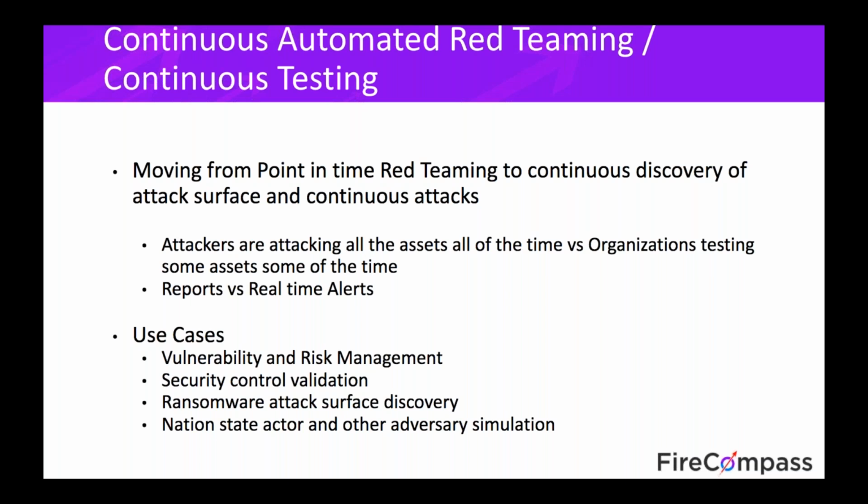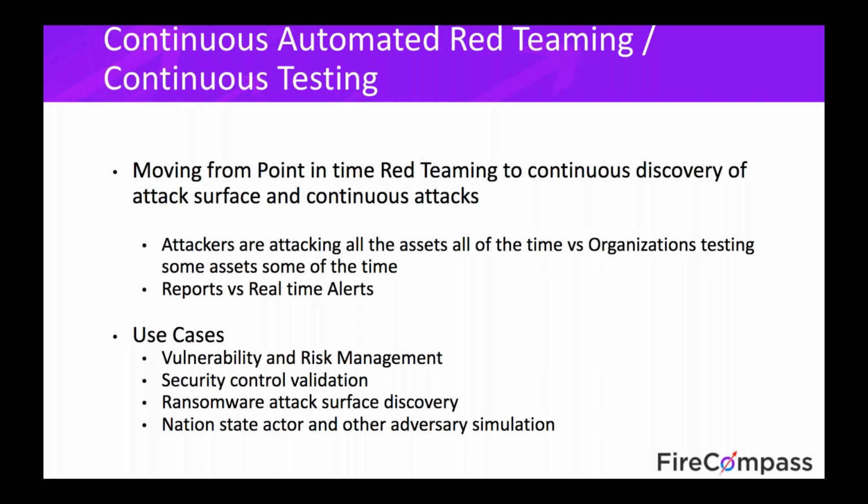So continuous automated red teaming is the software-based approach. Largely, these are software-as-a-service-based approaches, which do the same to various degrees. There are certain things which CART tools can't do, like the physical attacks and the wireless attacks, etc. As of today, CART tools don't do that. But CART tools predominantly focus on doing continuous reconnaissance and continuous attacks.